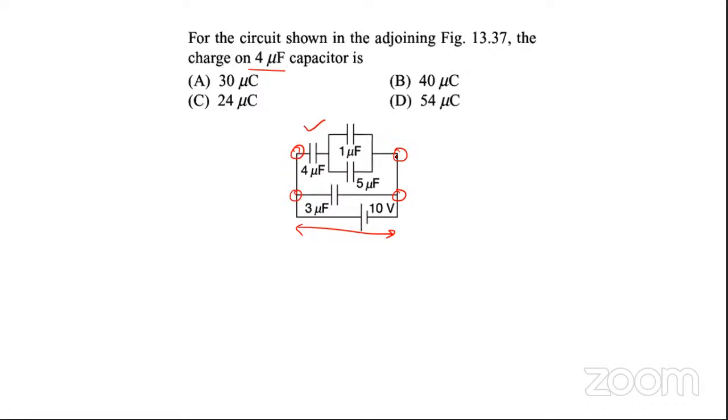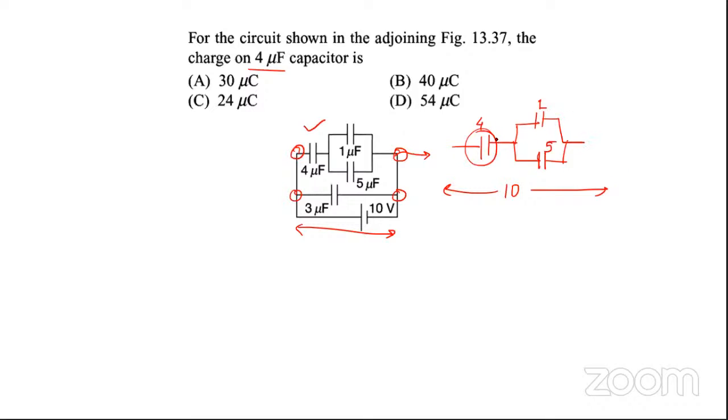So if we consider just this branch, the voltage drop is 10. This is 4, this is 1, this is 5. So if we calculate the total charge entering this whole branch, then we'll be able to find the charge on this capacitor, right?